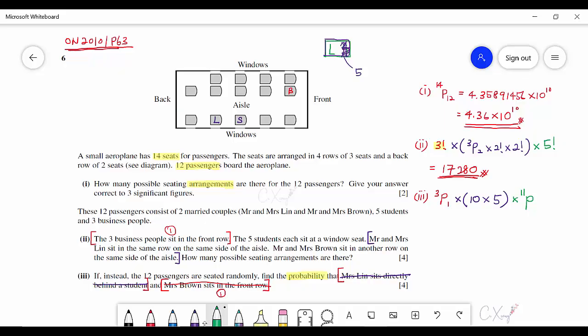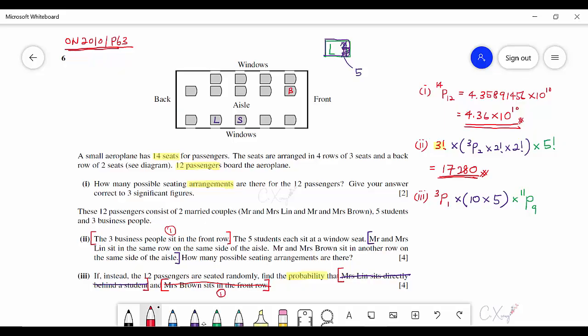I still have 9 passengers. So 11P9. And you multiply everything together to make sure that it is a complete case, the complete aeroplane seating.